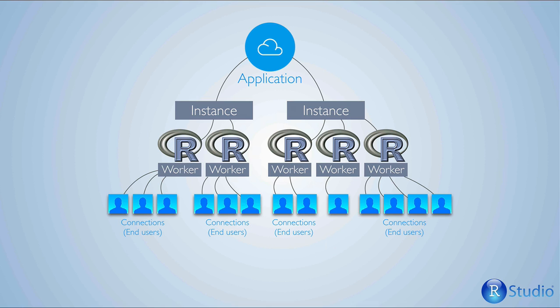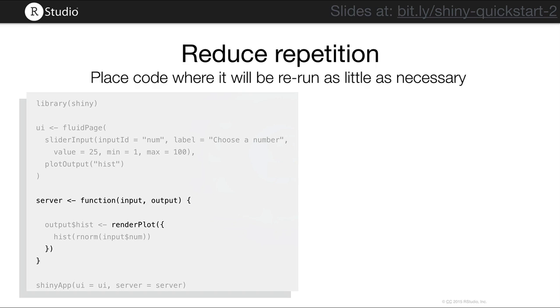And then each person, when they get to the app, has their own fresh copy of the app, and they experience their app and no one else's app. It's all very secure. But this hierarchy of R sessions and users affects how you should write the code in your Shiny app. Depending on where you place your code, it will be repeated multiple times.